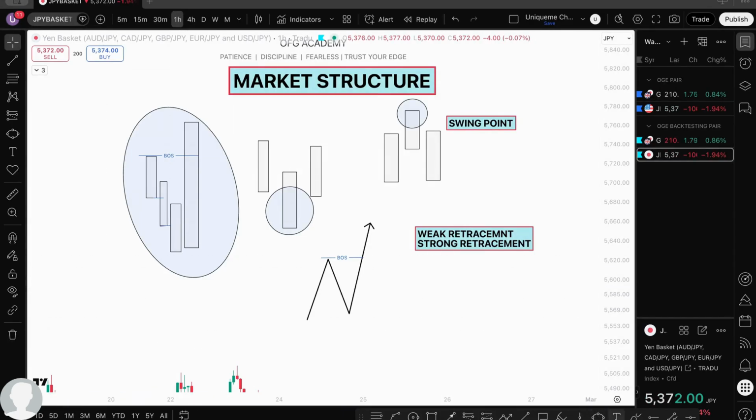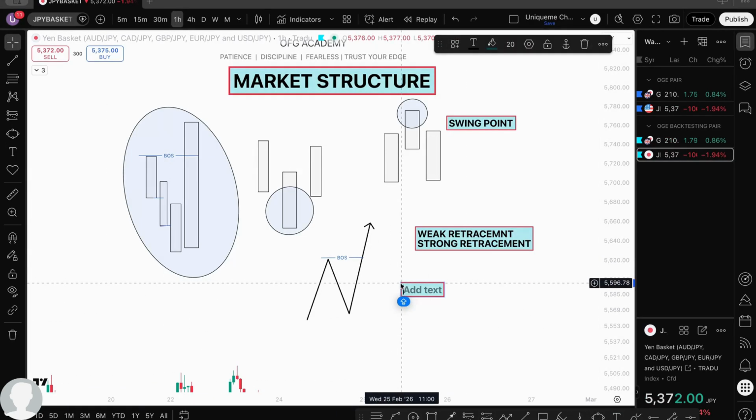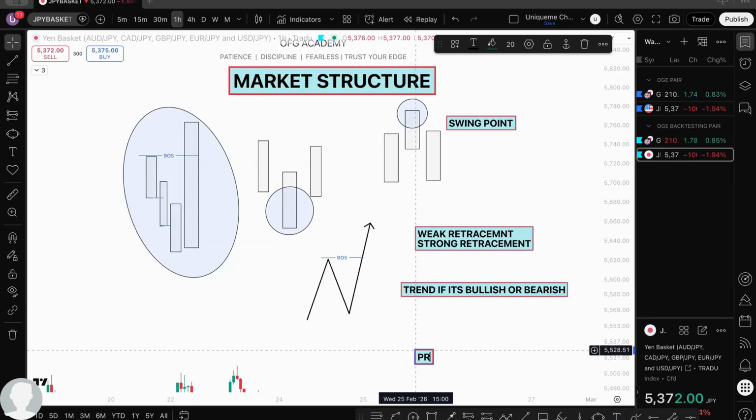I'll just write the points here for you to see. First, your market structure, your swing points, your retracement, then trend, if it's bullish or bearish. And what next are you looking at? Your PD array. That's where your PD array comes in.